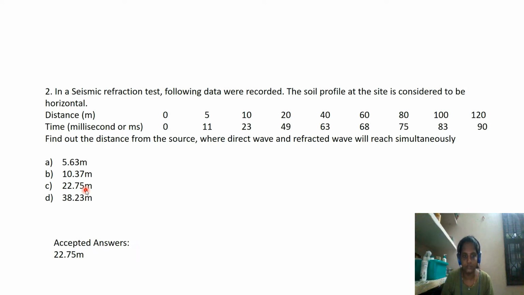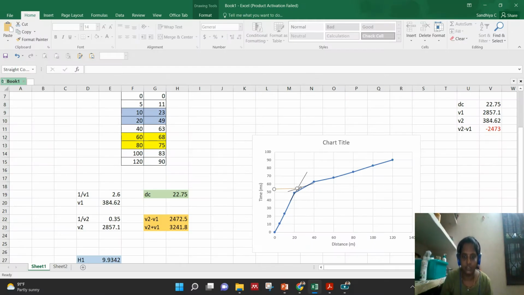Understood? Is this clear? We have to plot a graph. This is the graph, where I have extended the line. This is how you will get the graph.